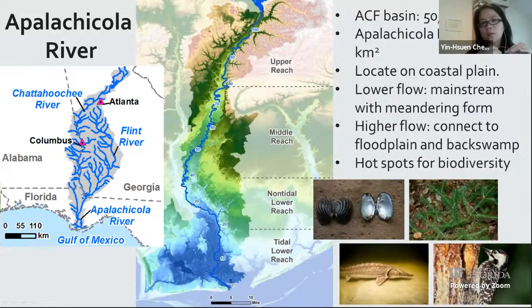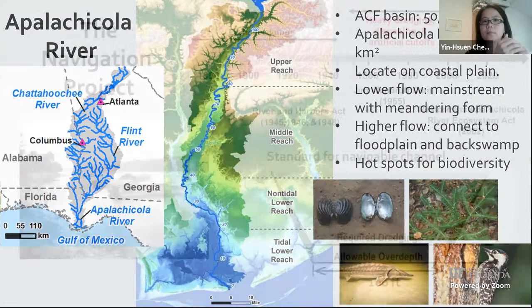But when you get rainfall and the water rises, it starts connecting with the floodplain streams and eventually fills the entire floodplain. It is also a biodiversity hotspot in the southern US, and a home for many endangered species. So I would say the Apalachicola River has really high importance for the ecosystem.